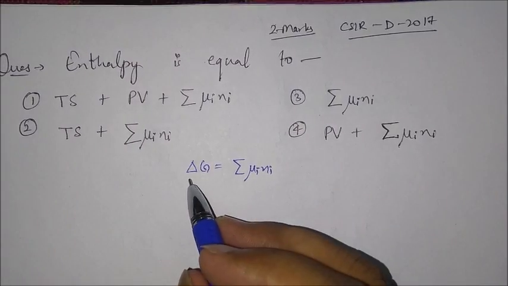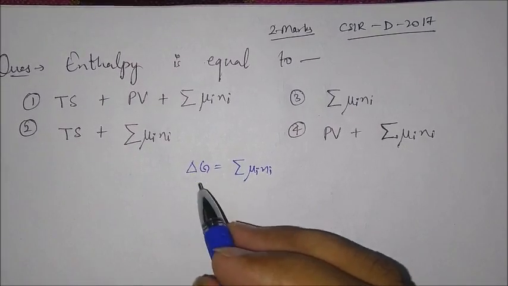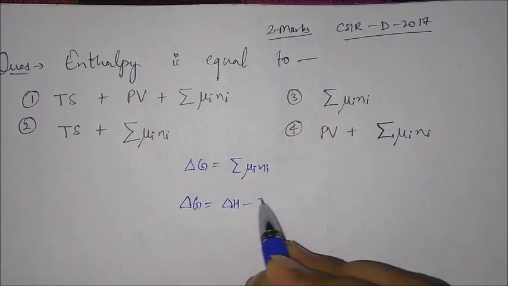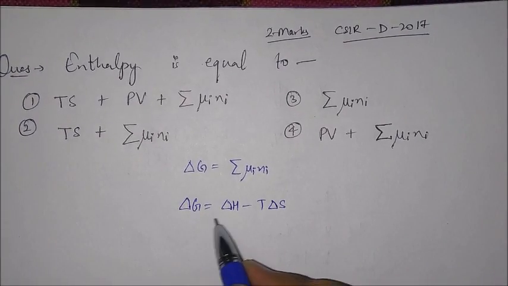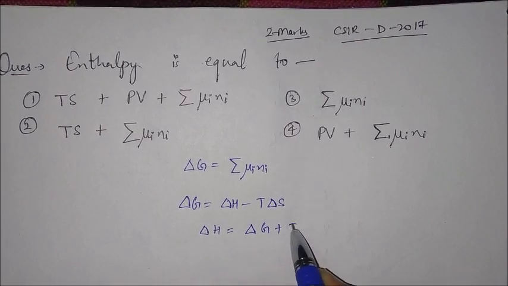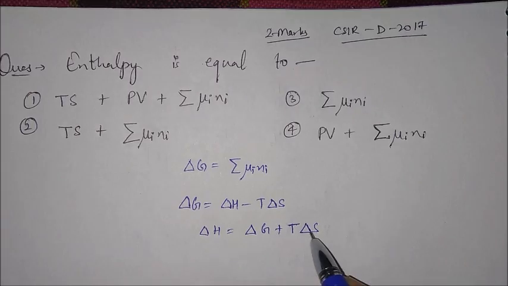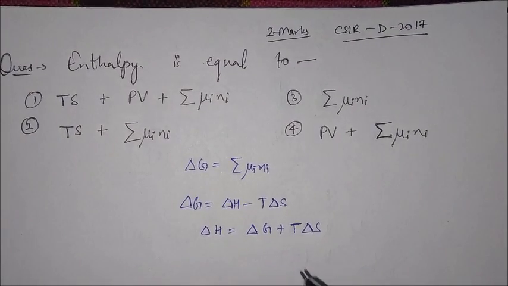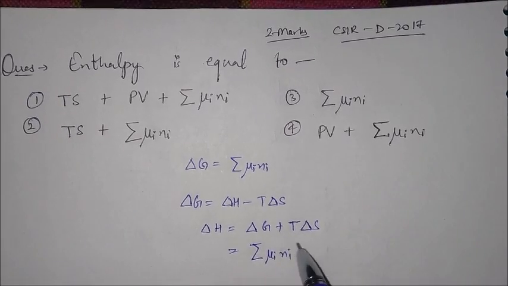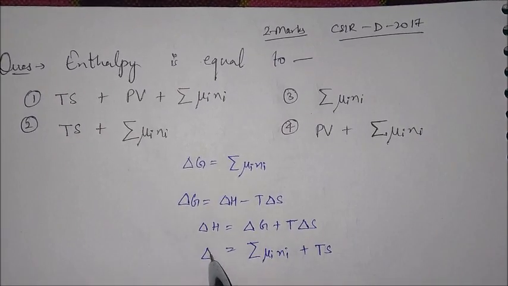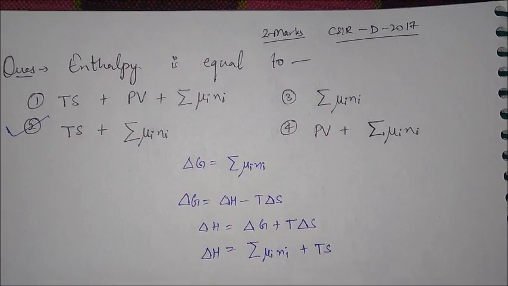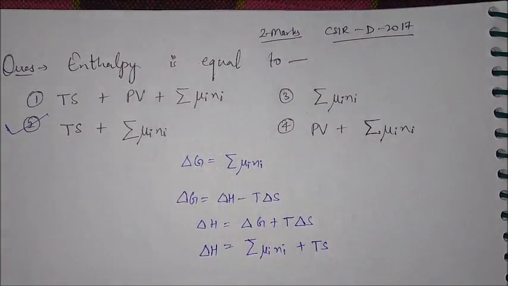Now we need to find the relation between enthalpy and G. A very well known equation is delta G equals delta H minus T delta S. So delta H equals delta G plus T delta S, or you can write TS over here. For G we write the term sum of mu i Ni, plus TS, and that will be equal to H. So the correct option is option number 2. In this way the question has to be solved.